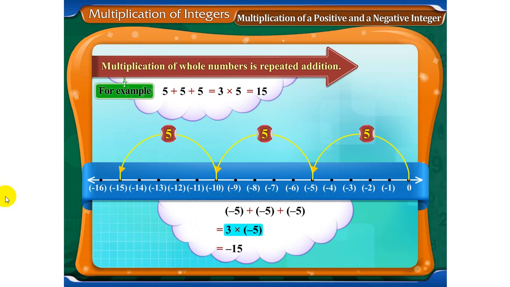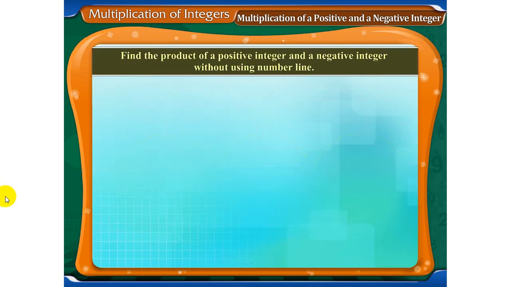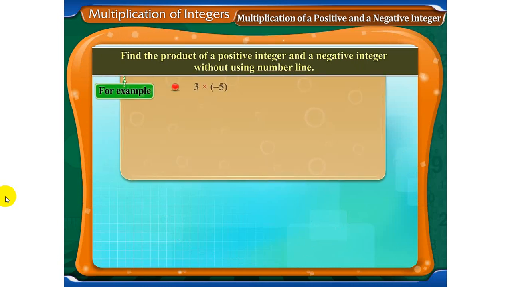Therefore, 3 multiplied by negative 5 equals negative 15. Let us see how to find the product of a positive integer and a negative integer without using the number line. Let us find out 3 multiplied by negative 5 in a different way.